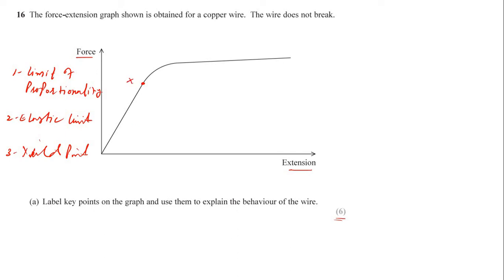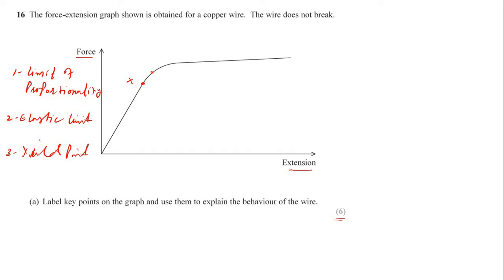This is point x, the limit of proportionality, the point on the graph where the graph stays a straight line. That means the gradient is constant and the wire is obeying Hooke's law. So there are 2 things. Till x, the material is elastic and obeying Hooke's law. If you remove the force, it will return to its original shape. And after this x, you have another point.